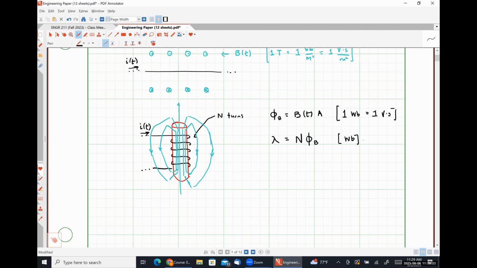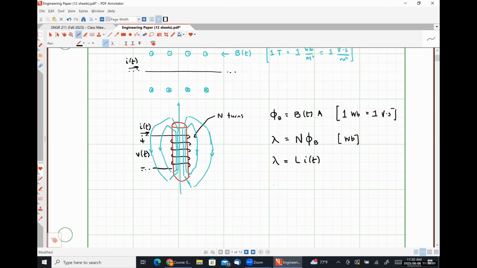For a linear system, meaning that we don't allow the size of this coil to change over time, our flux linkage lambda is equal to L, our self-inductance, times I of t. And then using Faraday's law of electromagnetic induction, we can induce a voltage drop across this coil, which we'll call our voltage V of t.